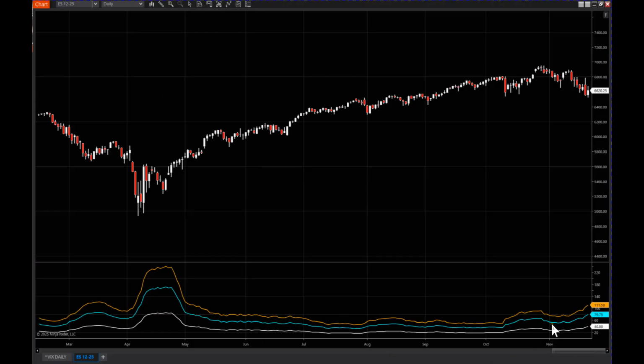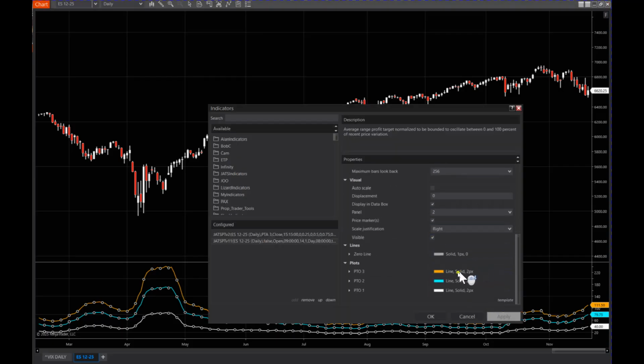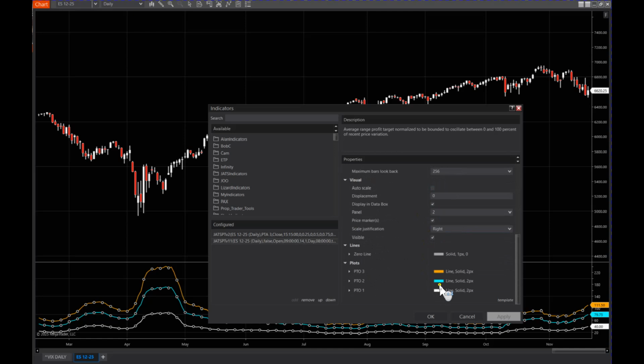And I have this displayed as lines. So there's three plots, 1, 2, 3. 1 is 34%, 2 is 68%, 3 is 95% of the daily range, because that's what we've selected as 1 day range.